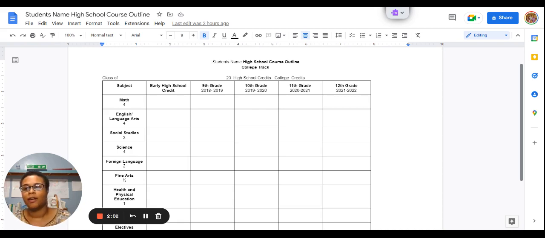A standard track means that you plan your course outline typical to what the local public school would do for regular courses, not AP, not honors, just straight down the middle.